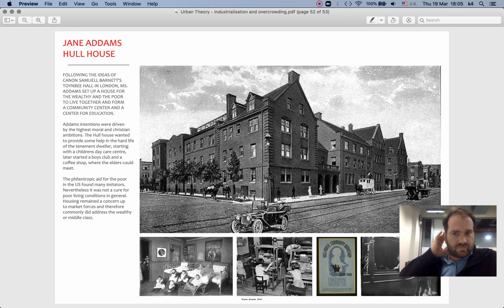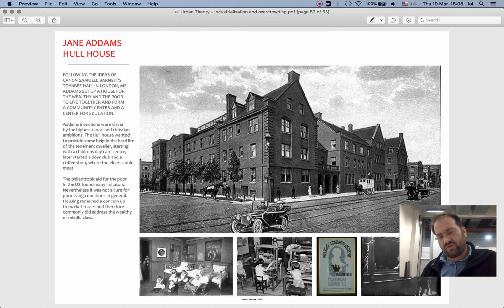She was the spouse of a wealthy industrialist, and a person that wanted to give back something to the community. So in the same line of thought as the Peabody or other philanthropic developments, Miss Addams would create this housing estate for the poorer people.